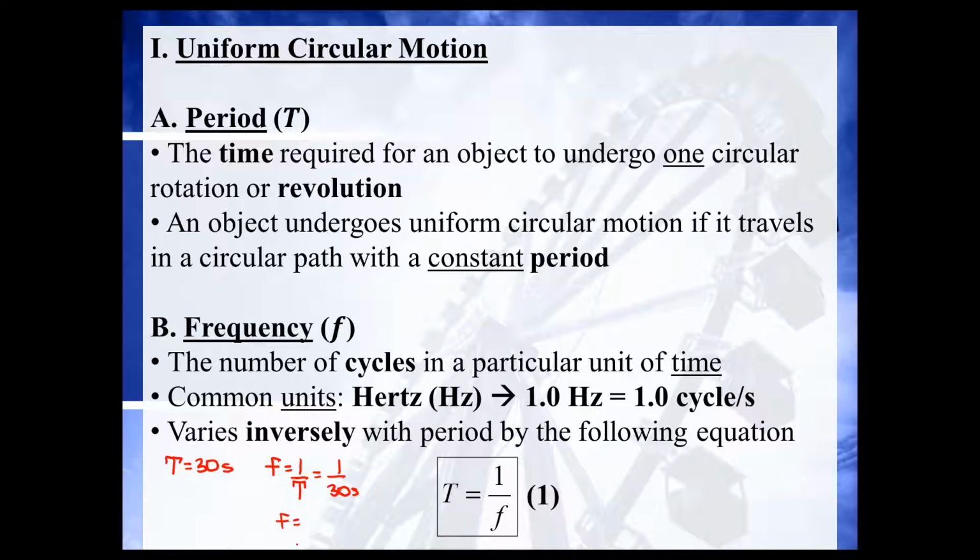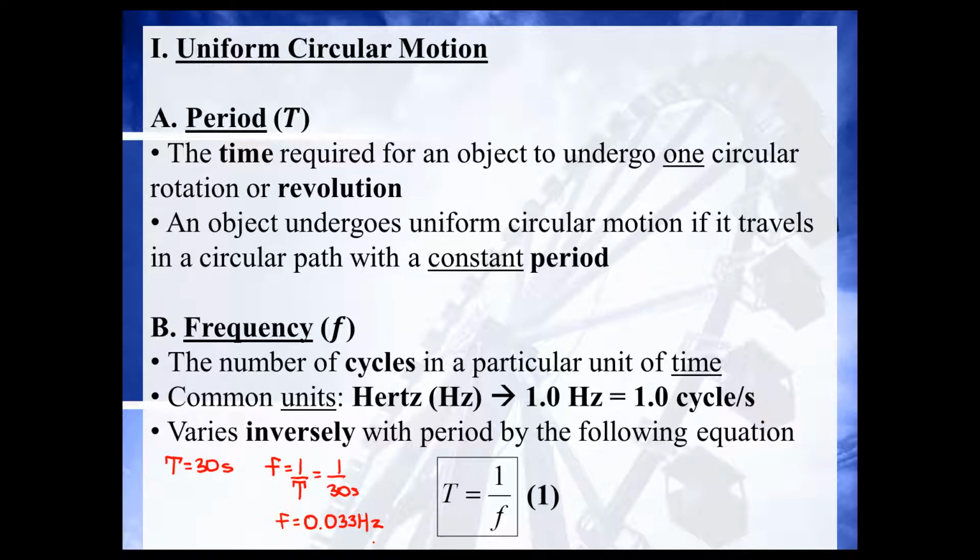And then if I calculate the frequency, 1 divided by 30 would be a pretty small number. So it gives you something around 0.033 hertz if I round this to two significant digits.